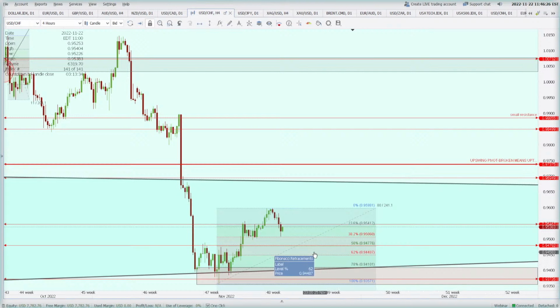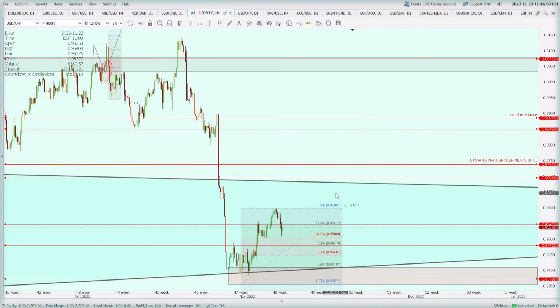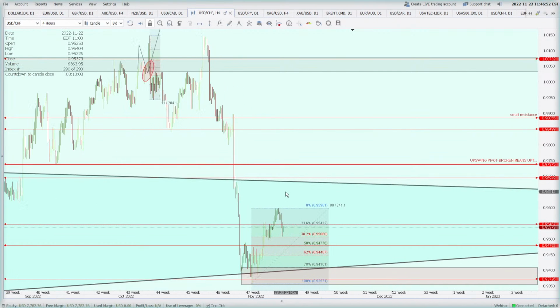So 38% is this one, 50% is perfectly aligning with 0.9479. So you should be looking for a buying opportunity near 0.9479 or 0.9477, keeping your stop losses below 0.9372 or below the low of this candle here. You can target 0.9694 and 0.9737 and even higher 0.9849 in this market.